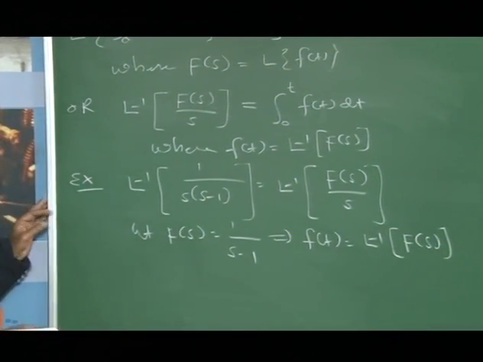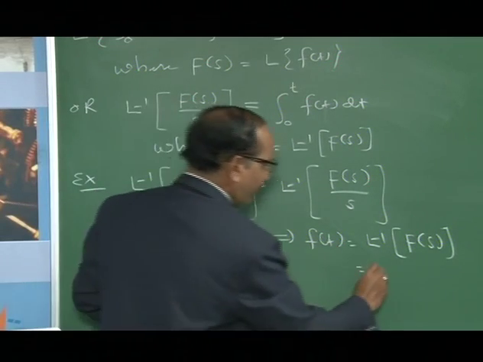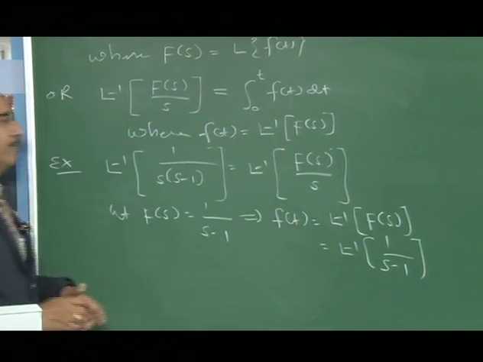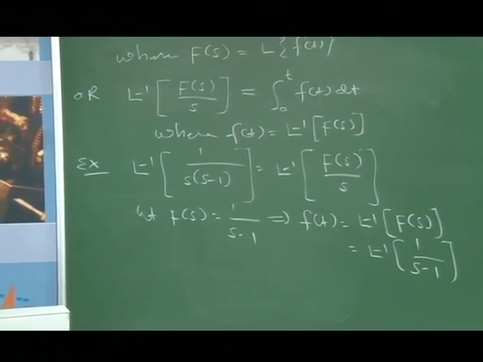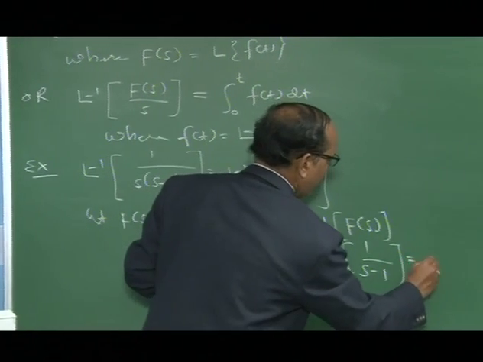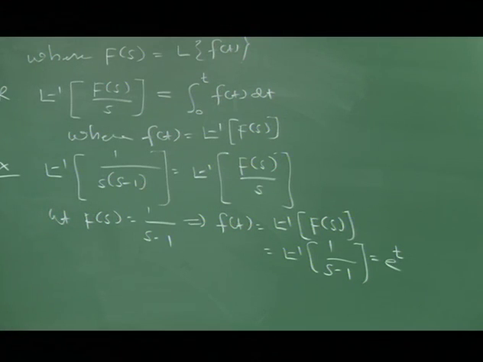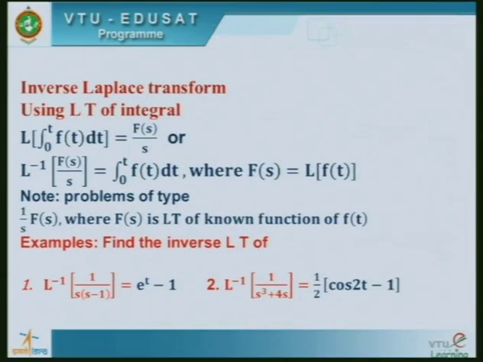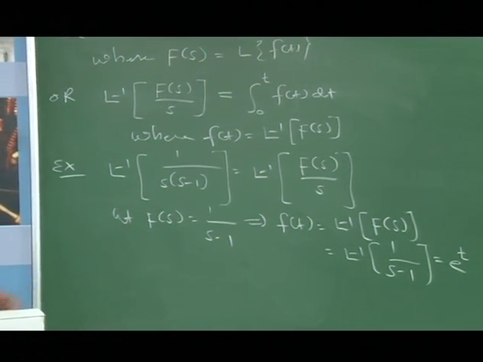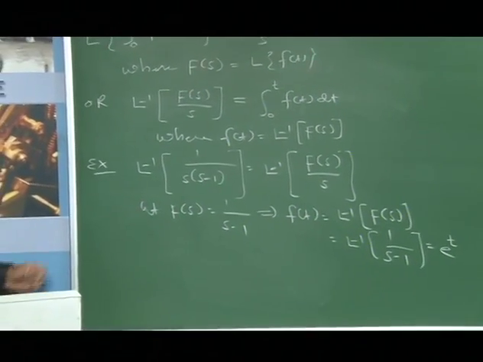So, L inverse of 1 upon s minus 1 is directly e raised to at. 1 upon s minus a is e raised to at, a is 1, it is e raised to t. So, the Laplace transform of e raised to t is 1 upon s minus 1, then its inverse is e raised to at.